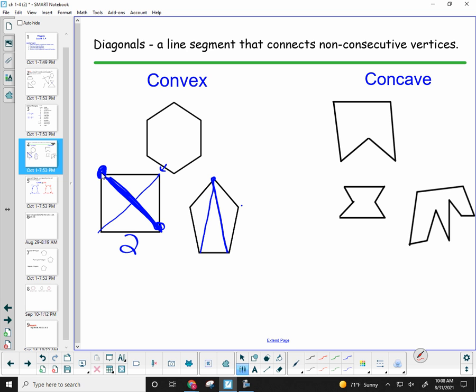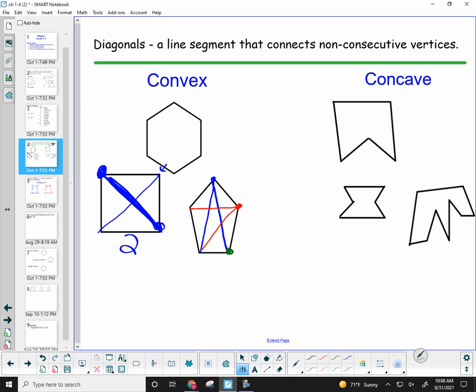Okay, so let's go to the next vertex. I should have two diagonals coming out of this vertex as well. Okay, so this one down here would be consecutive. Here's a diagonal, here's a diagonal. Go to this vertex next. I should have two diagonals coming out of that vertex.